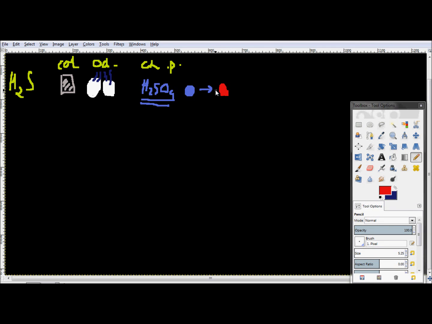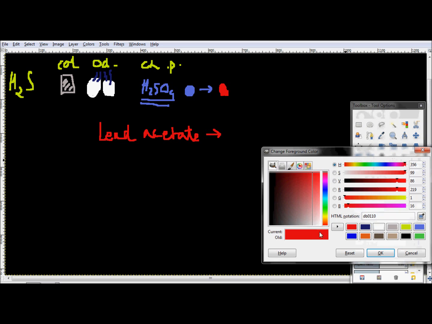Okay, and the other feature of H2S, another thing that it does, is turn lead acetate paper silvery black. Lead acetate, the formula is actually pretty long. You'll do it under hydrocarbons, but for now I'm just going to write it down here. Lead acetate, it is turned a silvery black, so I'll do it in a silvery black shade as well.